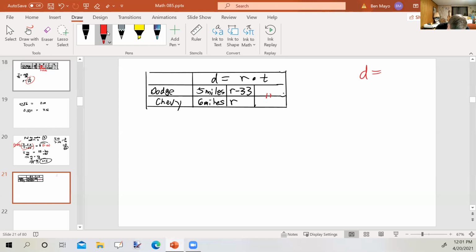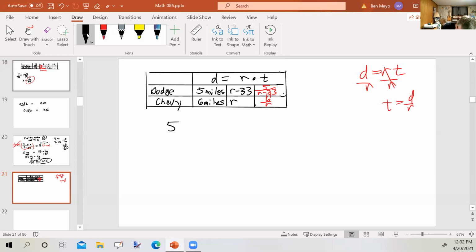Well, distance equals rate times time. Therefore, time equals distance divided by rate. Remember, we did that earlier in a problem, on a table. Yes. So the time of the Dodge would be 5 divided by R minus 33. The time of the Chevy would be 6 over R. But what do we know about the times?